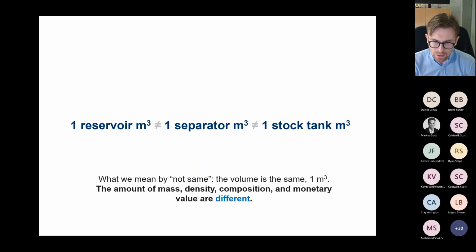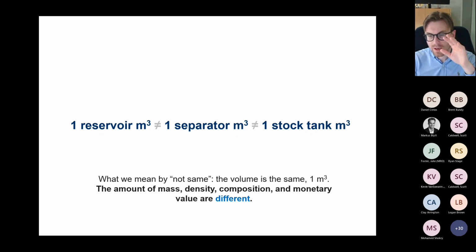You'll never see just BBL with no context in our software. It's always STB if it's stock tank, SEP.BBL if it is a separator barrel, and RB for a reservoir barrel. That's with purpose, because it is very important to know the context.